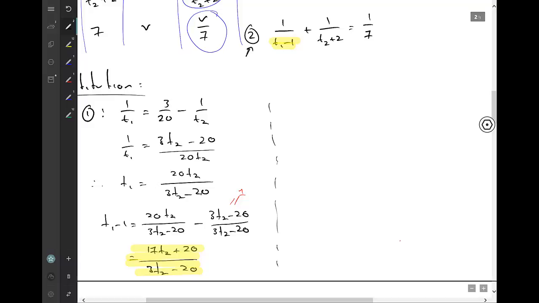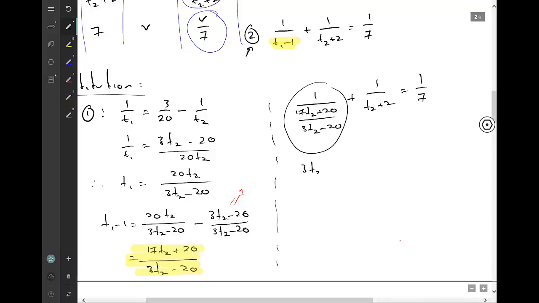So we end up with 1 on 17T2 plus 20 on 3T2 minus 20, plus 1 on T2 plus 2 equals 1 on 7. Obviously we flip this thing, so we end up with 3T2 minus 20 on 17T2 plus 20 plus 1 on T2 plus 2 equals 1 on 7.